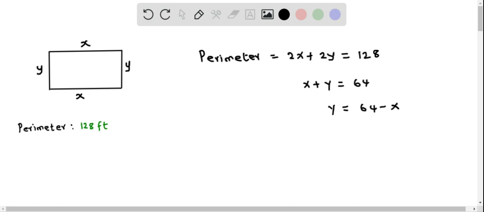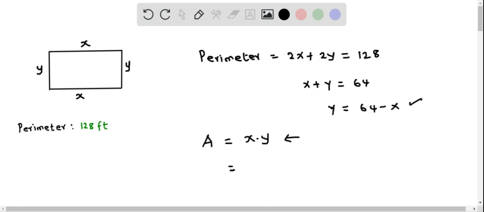Now let's write the area equation of this rectangle. Let's represent this by A, and this equals the length times width, that is x times y. And we have to write this equation in one variable. So we can replace y by 64 minus x in this equation.